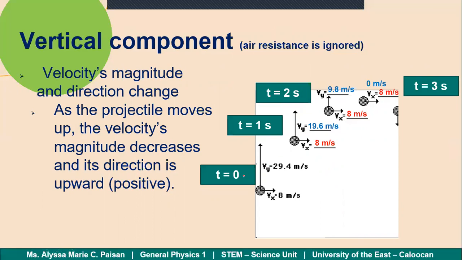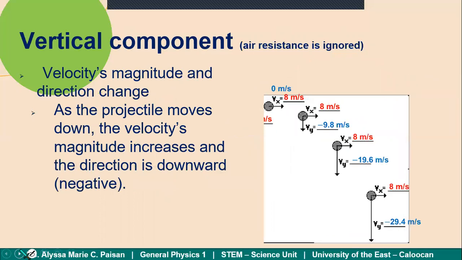Okay, next is the velocity's magnitude and direction change. Okay, pag pataas, tingnan mo, the value decreases. From 29.4, it became 19.6. From 19.6, it became 9.8. From 9.8, it became 0. Okay, but the sign is positive kasi nga, as our convention, everything that goes up is positive and everything that goes down is negative.